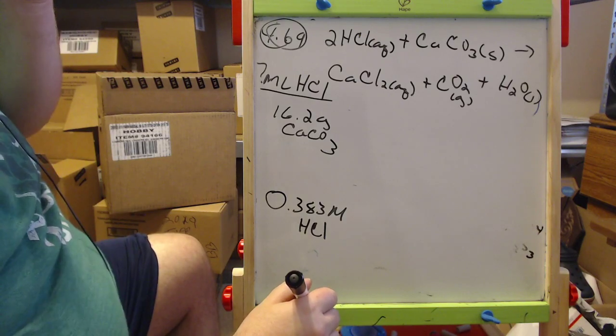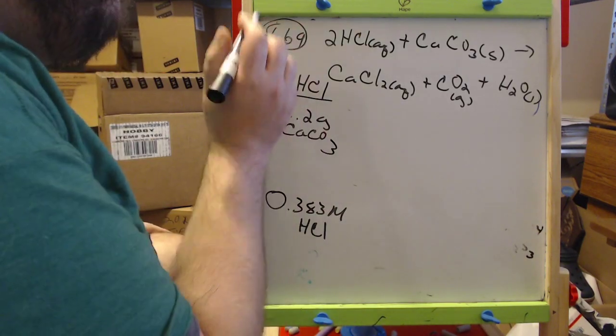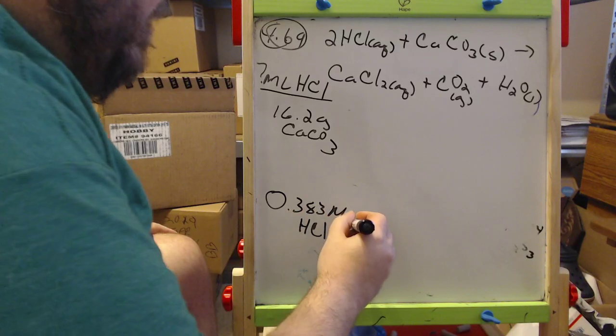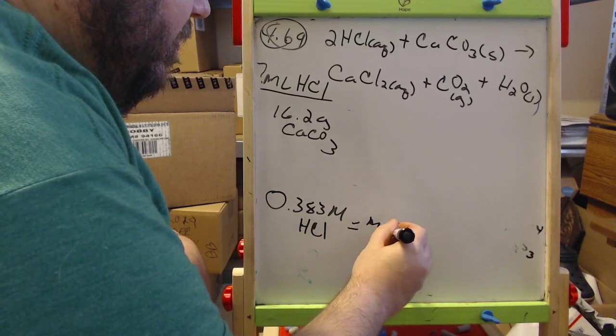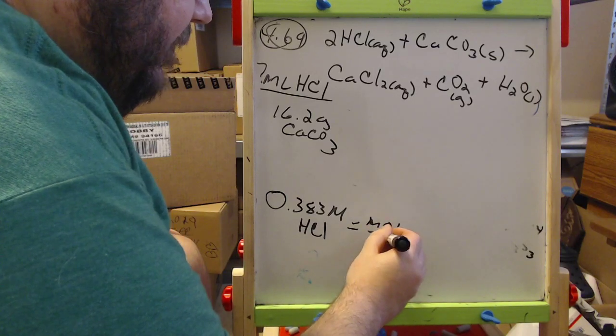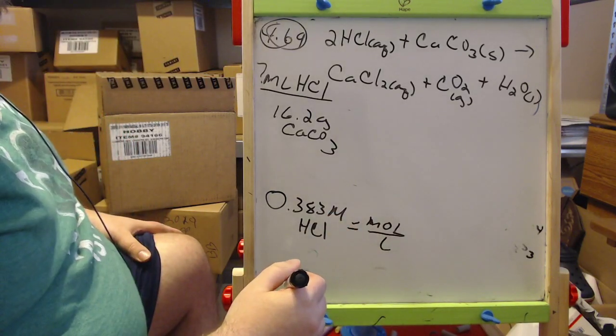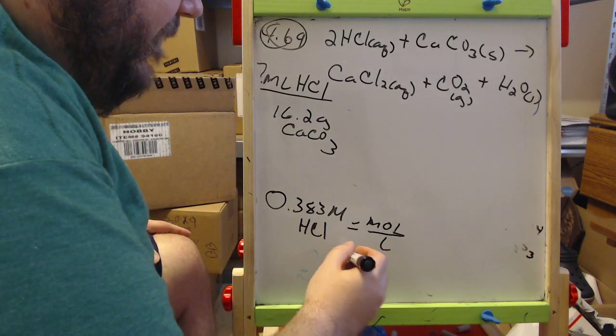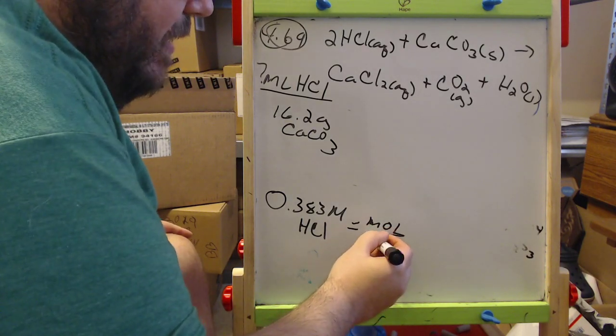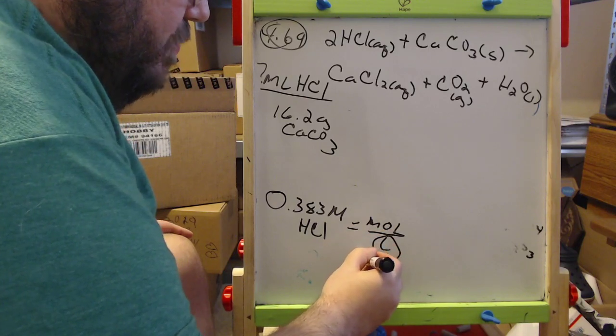Now, since they did that, and they want to know mils, well, molarity, remember, is moles per liter. So, if they want to know mils, they want me to solve for this. This is what I'm solving for.